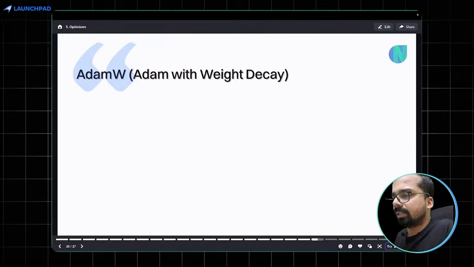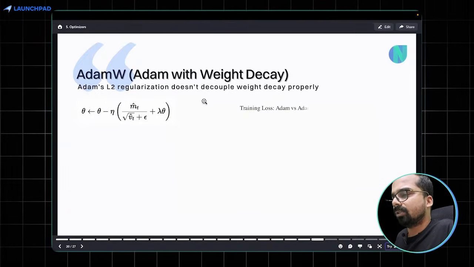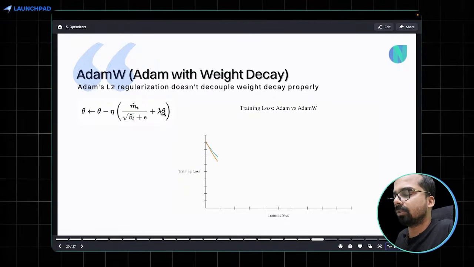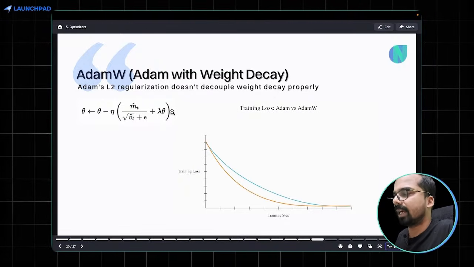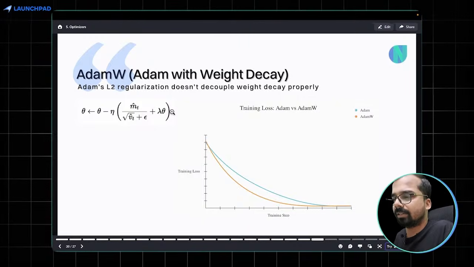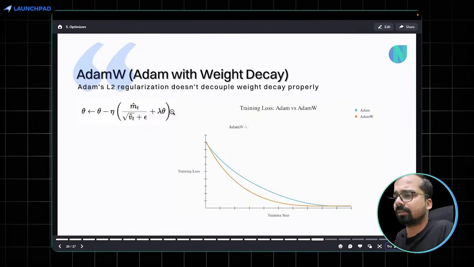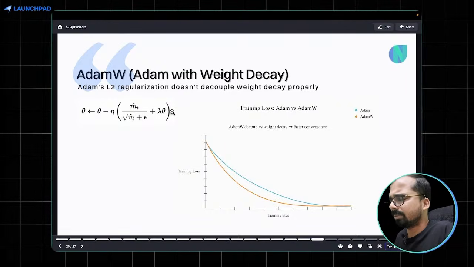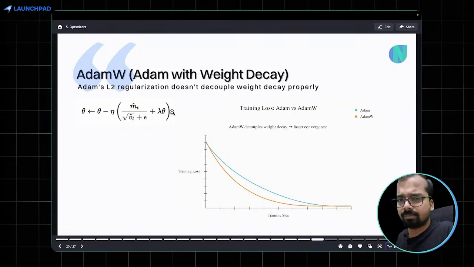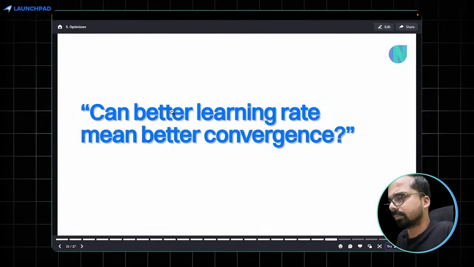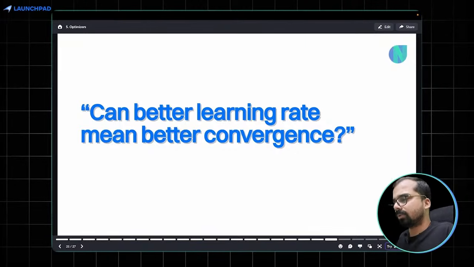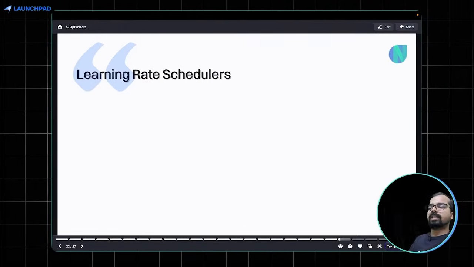Now there is a variety of ADAM called ADAM W, which has a slight change: here you also have lambda times theta added. It is like L2 regularization, but ADAM and ADAM W are almost, I would say, the same. Now there are a lot of other concepts also, like learning rate schedulers.